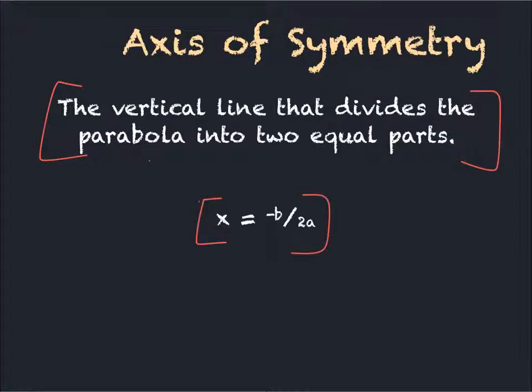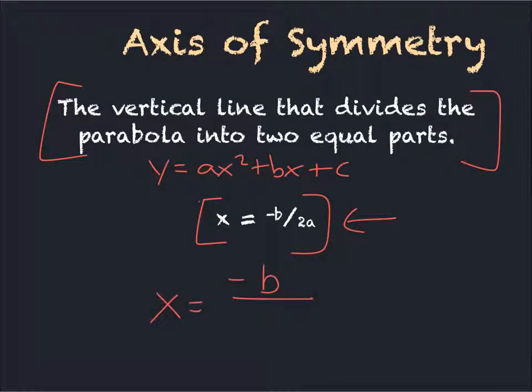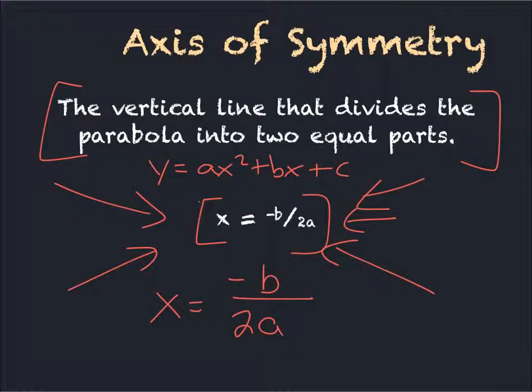If an equation is in standard form, which is y equals ax squared plus bx plus c, you find it by plugging the b value in for the numerator, but remember we have that negative on the outside, and then dividing it by 2 times whatever the a value is. So write this down. This is how you find the axis of symmetry of a quadratic equation in standard form, and this is how you find the x value of the vertex of a quadratic equation in standard form as well.